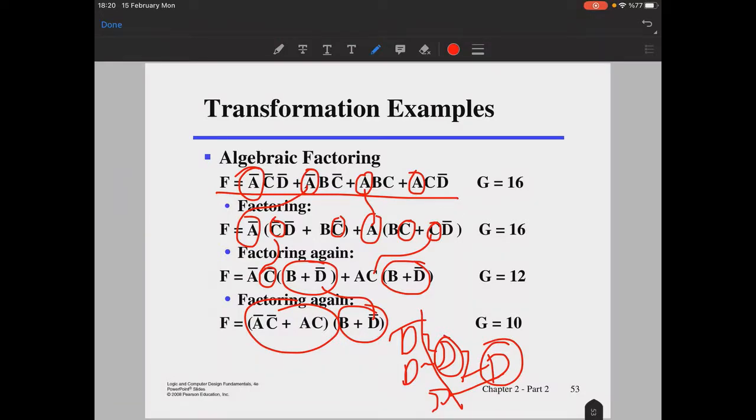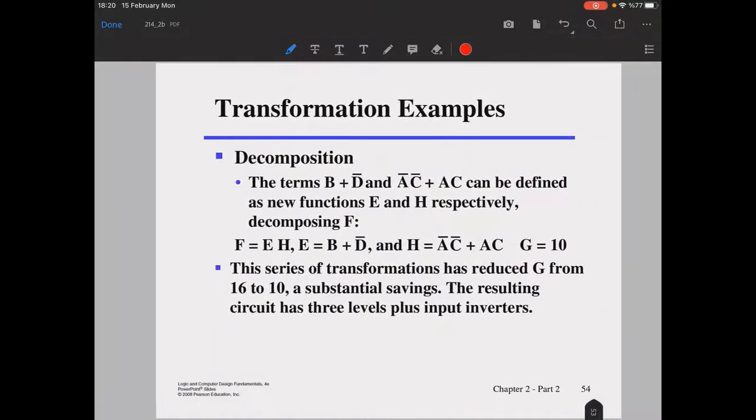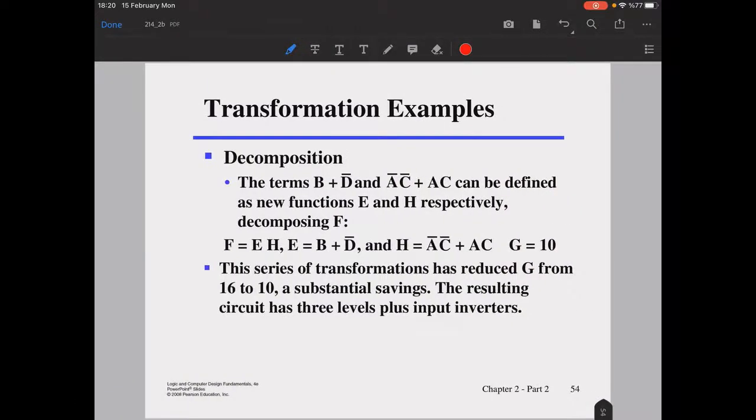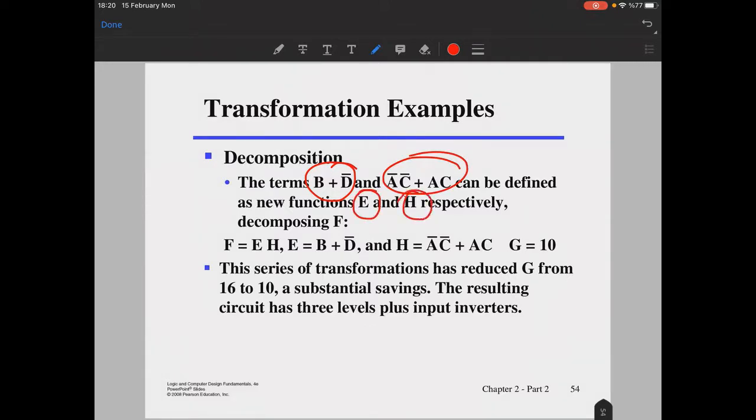Something like this. Anyway, it's more than 2. It's a 3-level circuit or something like this. That's the idea. And for the decomposition, those terms can be defined as functional blocks and can be used in the function separately.